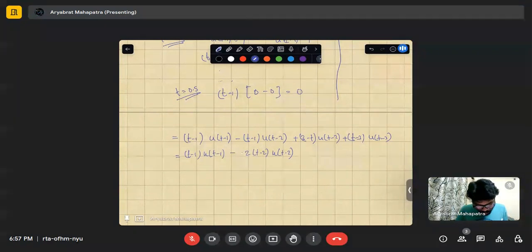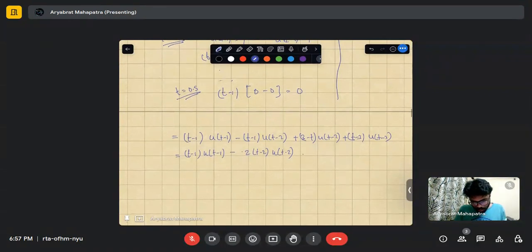So u of t minus 2, I take common up here, and that will be 2 times, 2t minus 4. So I've just taken a common factor of u of t minus 2 from the second and third term, and from there you get the expression.